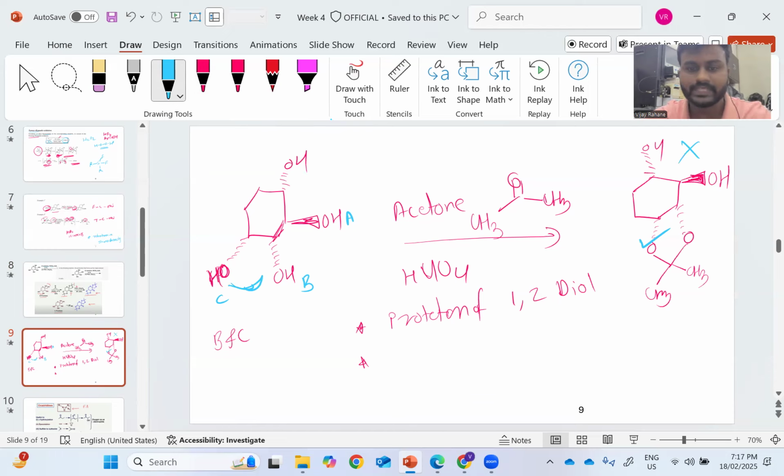So the protection with acetone occurs on the syn 1,2-diol. The hydroxyls should be in the same plane, and if both hydroxyls are in the same plane, then the protection occurs.